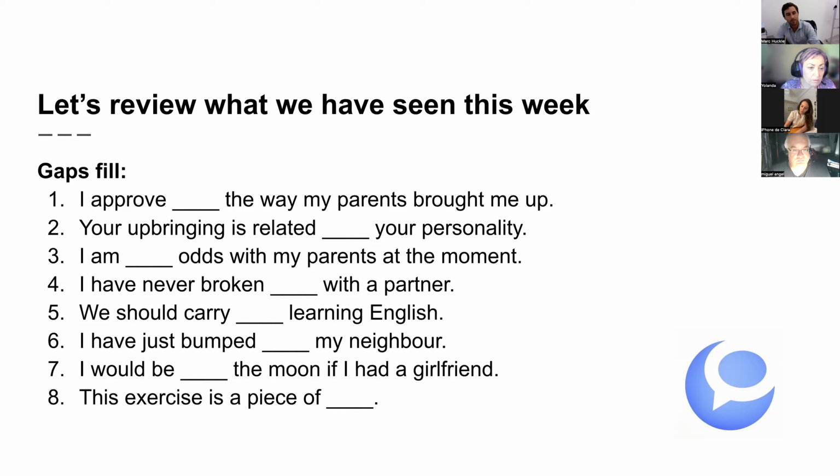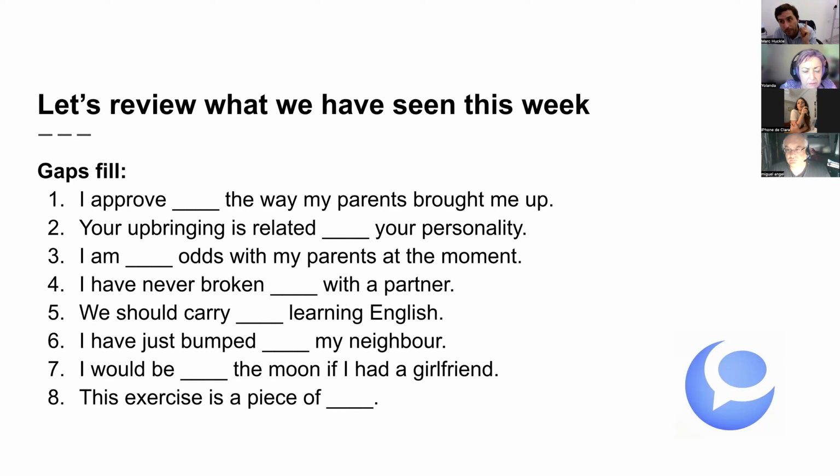Yolanda, number 4. I had never broken with a partner. Okay, it is a phrasal verb, and it's a preposition that's missing. Which one do you think it could be? Not sure? Clara, do you know? No, not sure. Broke in? Okay, break in. Break in is related to crime, when you enter into a place without permission.